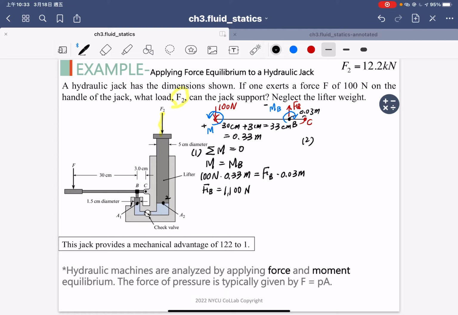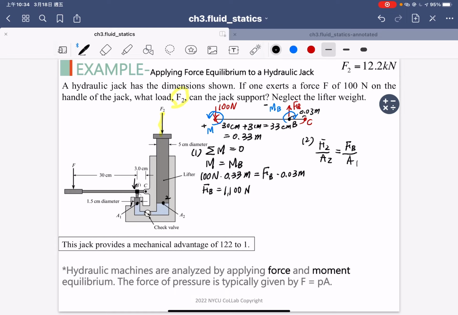So this is the Pascal idea, and so F2 divided by A2 should be equal to FB, the force in here, divided by A1, right?